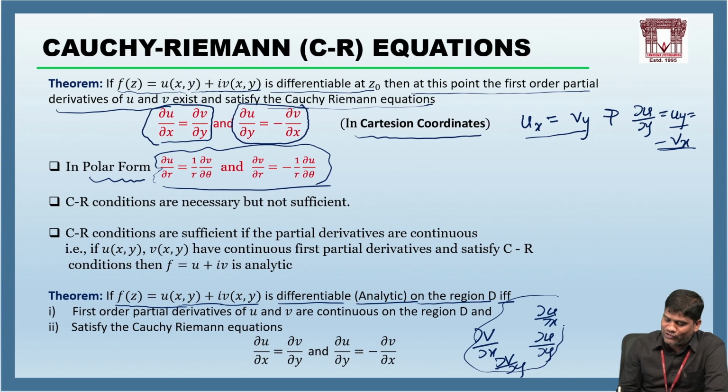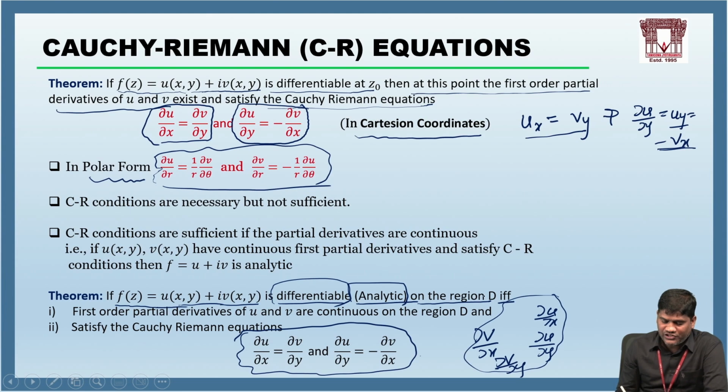These four derivatives are continuous on the region D, and u and v satisfy the Cauchy-Riemann equations, then we can say the function is analytic, and also differentiable on the region D. If you want to verify the function is analytic, first we have to find the real and imaginary parts of the function.